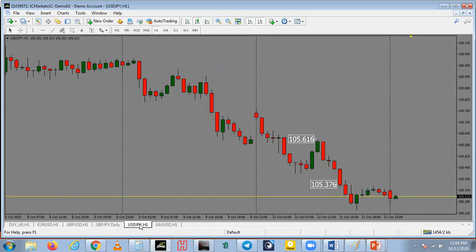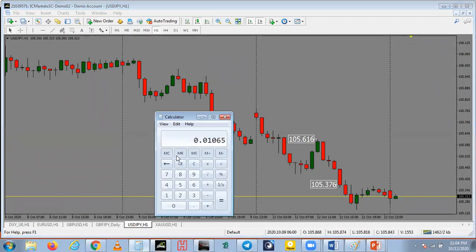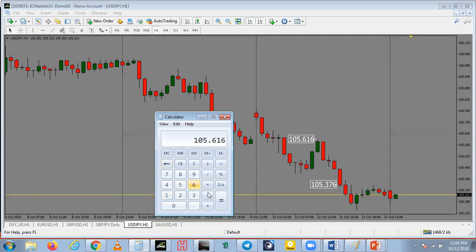So let's do this one. If you enter at this price, 105.616, and you come out at this price, let's calculate how much people made in that movement. 105.616 minus 105.376.